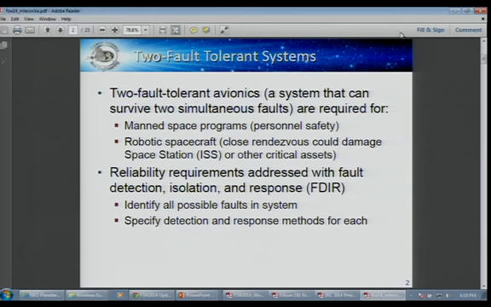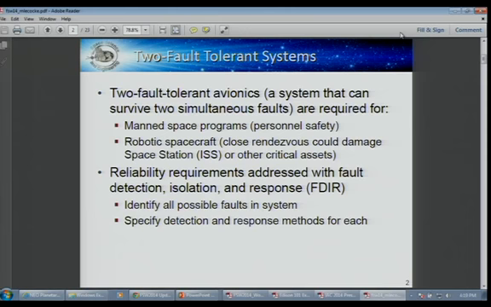So the general setup is a highly fault-tolerant, too fault-tolerant in this case, system, and in our case it was a manned spacecraft, but this could also apply to some kind of robotic spacecraft doing critical operations, maybe with the space station or in some sort of close rendezvous operation that could damage critical assets.